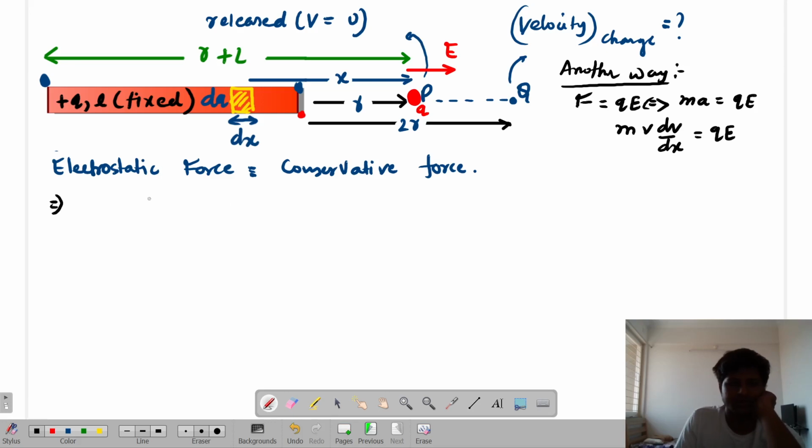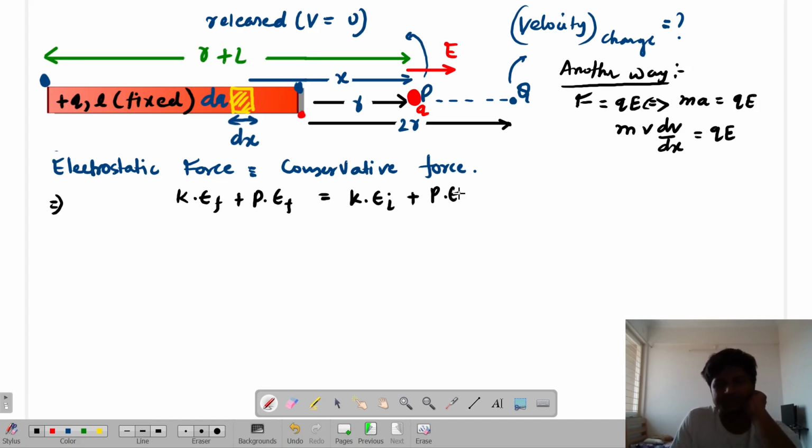We know that if it is a conservative force, then change in kinetic energy means we can write the equation: kinetic energy final plus potential energy final is equal to kinetic energy initial plus potential energy initial. Right? Kinetic energy finally is half mv square, isn't it?